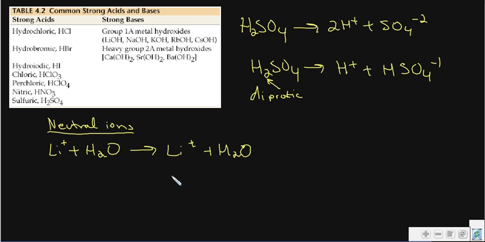So now let's look at another cation. This particular cation is neutral, meaning that it's not going to do anything to the water. But the cation ammonium, for example, NH4, if I put that in water, you see what's going to happen here is the ammonium is going to turn into ammonia. It's going to donate a hydrogen to the water, making it acidic.